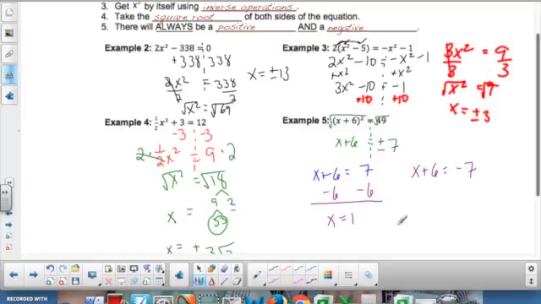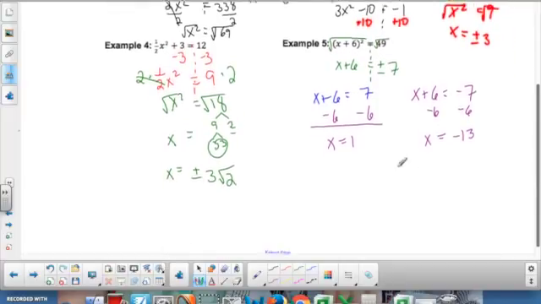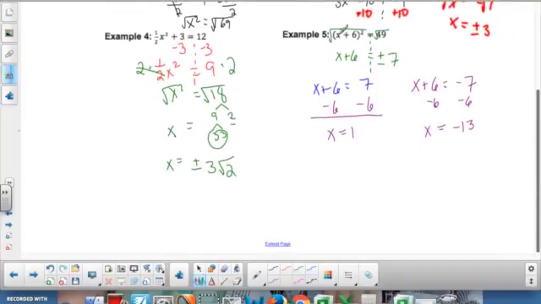Over here, when I subtract 6 from both sides, I get x equals negative 13, because negative 7 minus 6 is negative 13. I'm going to really quickly plug these solutions back in to show you why they both work. So if I plug 1 into that original equation, remember my original equation was x plus 6 squared equals 49.